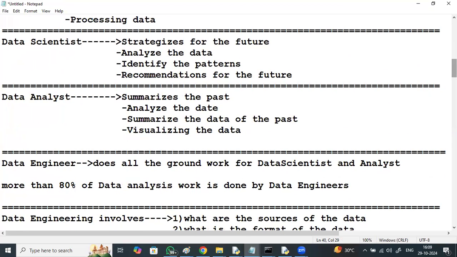Data scientist strategizes for the future. Data analyst summarizes the past. Data scientist analyzes the data, identifies the patterns, and gives recommendations for the future.